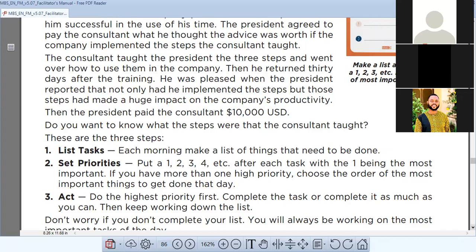If you've finished prioritizing those tasks, and you feel like you've got more than one important thing, just make sure that from those, you decide which one is the most important, and you put it as your priority number 1. So this is what he told him.